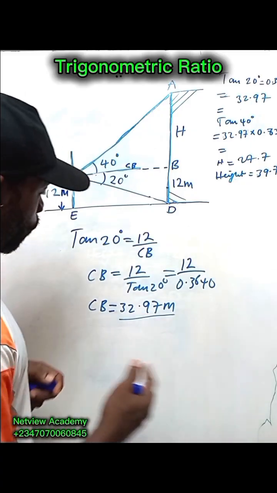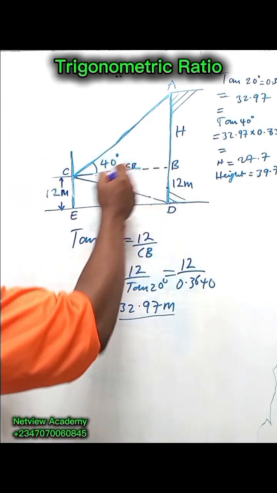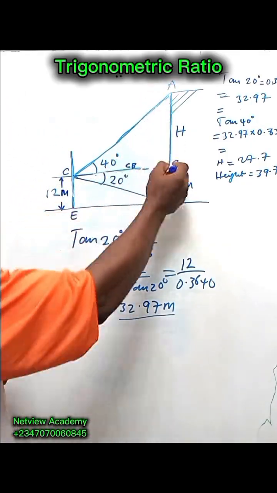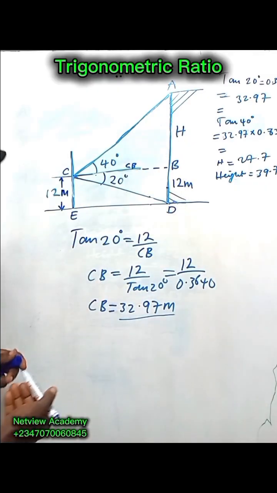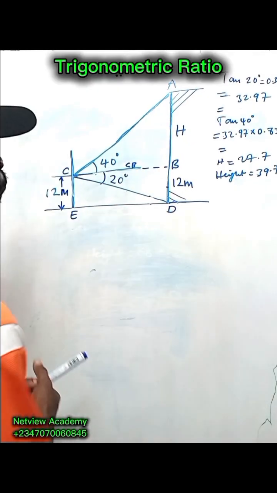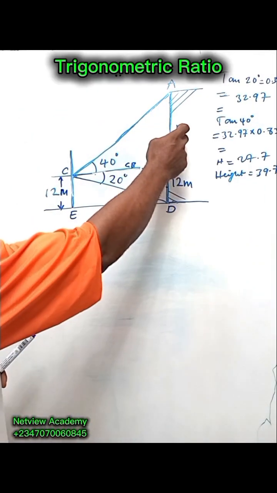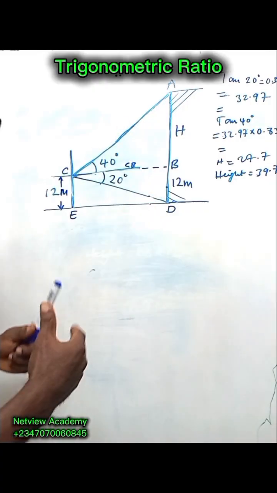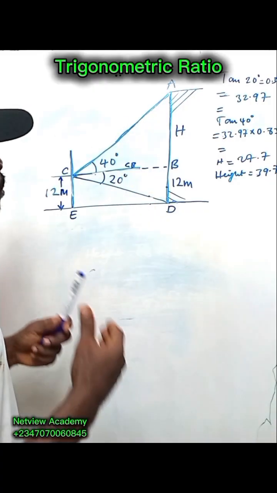We are going to use the length of the adjacent CB to calculate for the length of AB, the length of H. Therefore, to calculate the length of H, we are still going to apply a trigonometric ratio.